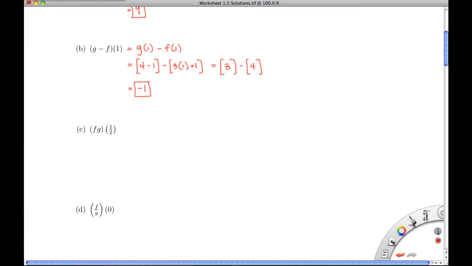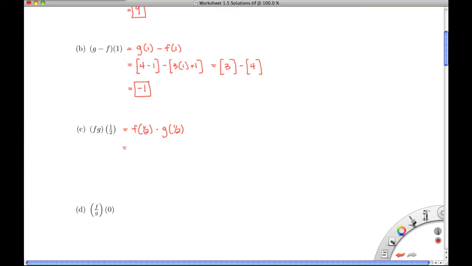Okay, for part C, same thing, except here we're dealing with f times g of 1/2. And we could think of this as f of 1/2 times g of 1/2. So this is going to involve some fractions, which will be a little bit interesting, but I think we can handle this.